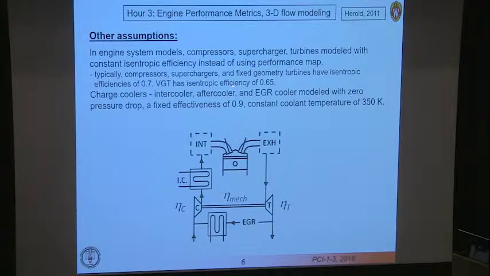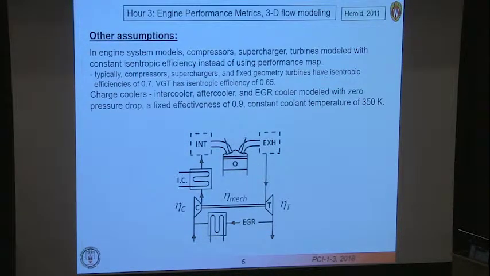Variable geometry turbines, slightly less, have efficiencies assumed to be 0.65. We also have charge coolers. For example, here's our compressor, we go through a charge cooler, and here's our intake manifold. We need to model those. They are often assumed to have zero pressure drop and fixed effectiveness. Coolant temperatures are assumed. So a lot of assumptions go into determining engine performance.